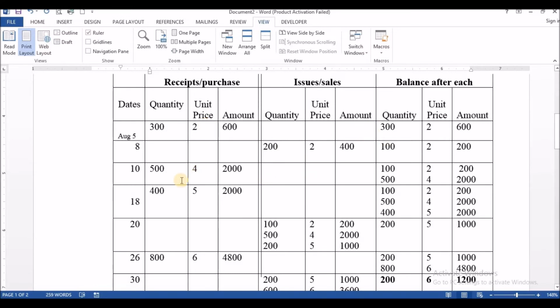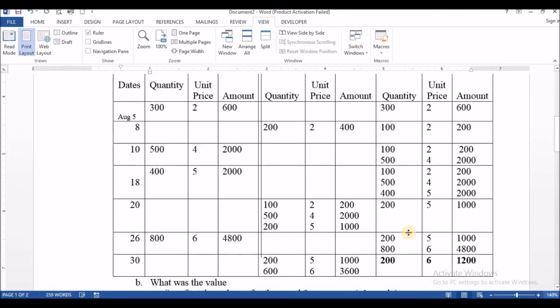We purchased 500, then we purchased 400, and each time we add it to the balance column. So when we reach this stage, we ignore here, here, here. It's fine if you want to just put the 500 here, then add the 400 here. Once it is that, you will be able to track it just the same. I think using the final column is more effective, but again, it is all up to you.